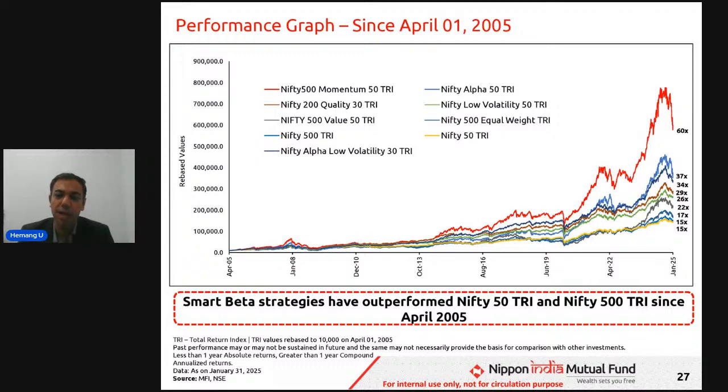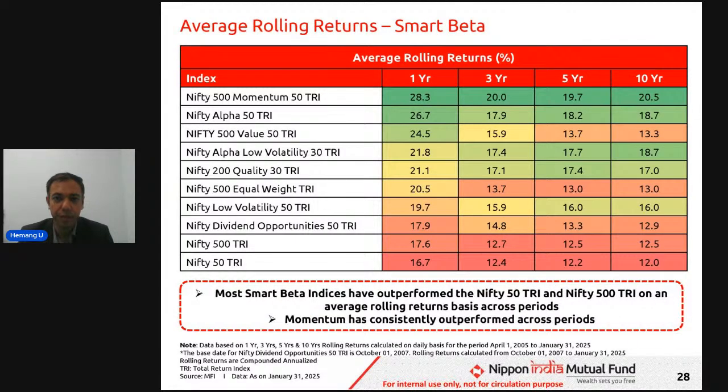There may be different factors going through different cycles, with higher or lower drawdowns, but over a very long period of time, all the strategy funds have outperformed Nifty 50 and the Nifty 500, which is a broad market index. Now we want to look at how these funds have performed on the basis of rolling returns.